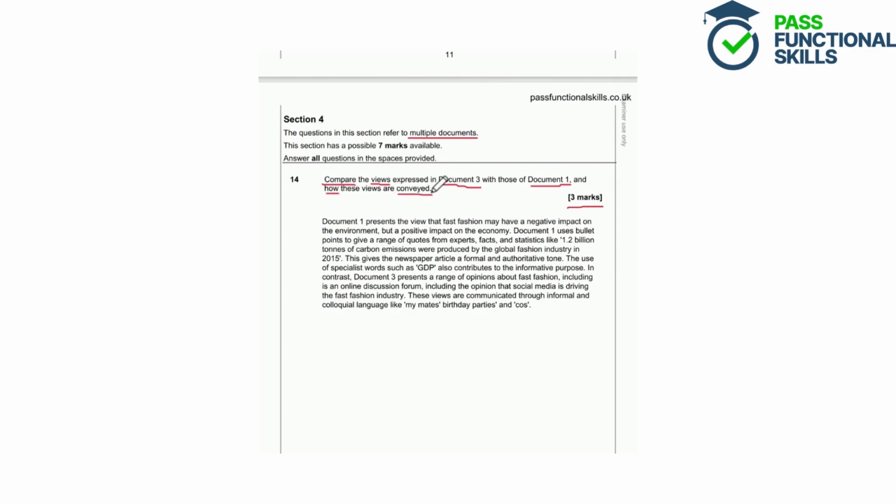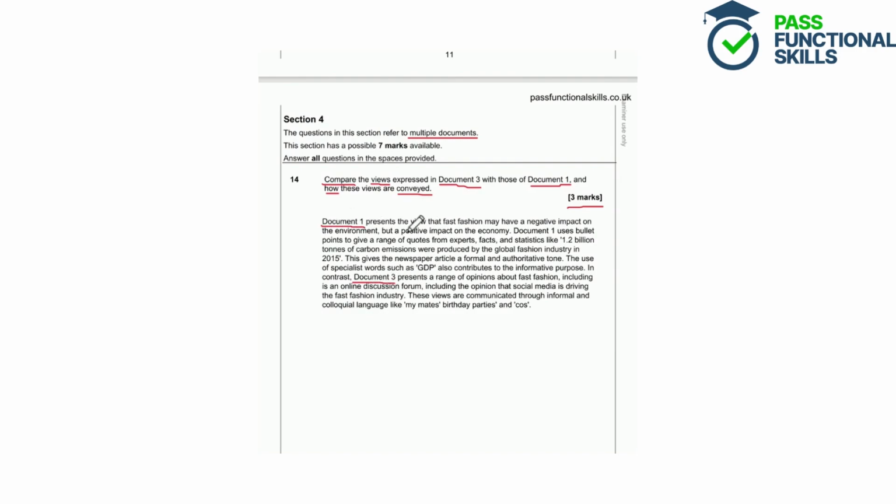So in other words, this just means the methods used by the writer to convey their views. So we can see in this answer we've got reference to both documents, so document 1 and document 3.